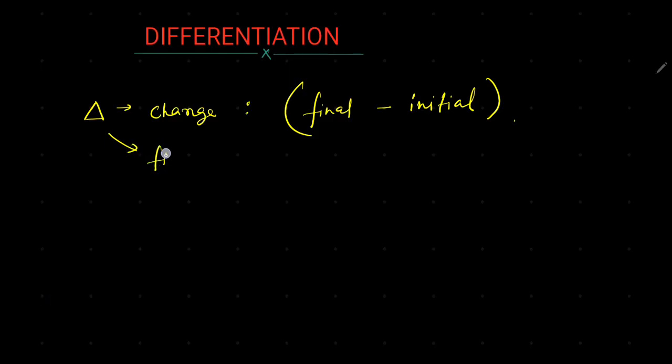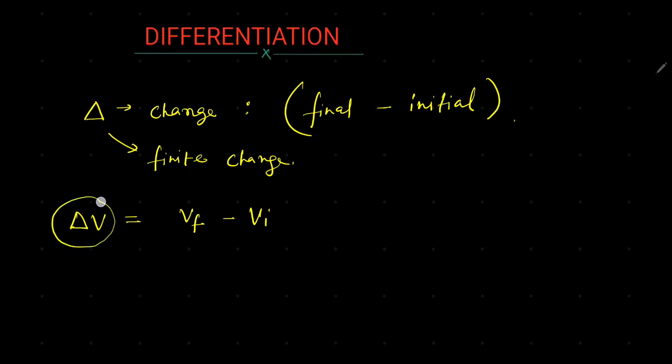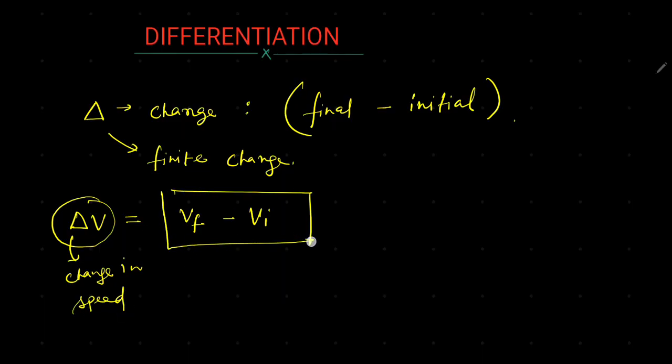This change is basically a finite one, which can be calculated, which can be felt, which can be seen, which can be realized easily, right? So whenever I say, let's say, delta v, where v stands for velocity, then you will say that it is final speed minus initial speed, right? If I'm saying this delta v is basically the change in speed, then it will be written as final speed minus initial speed.